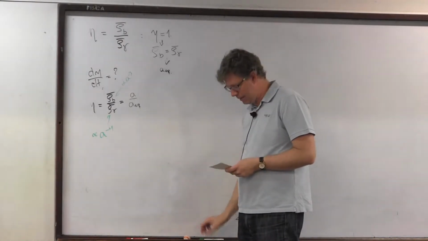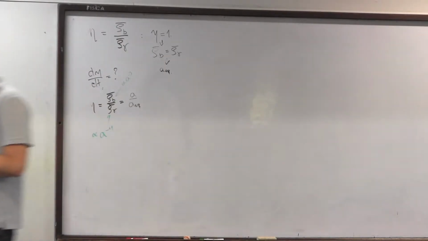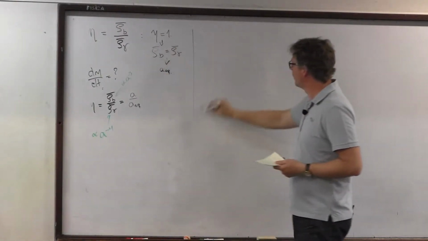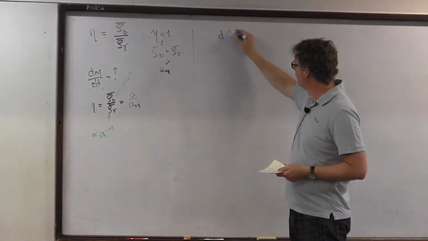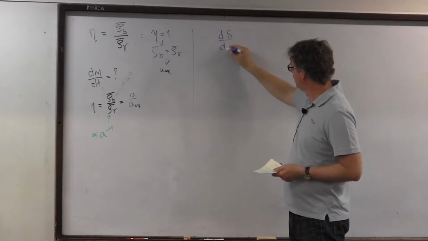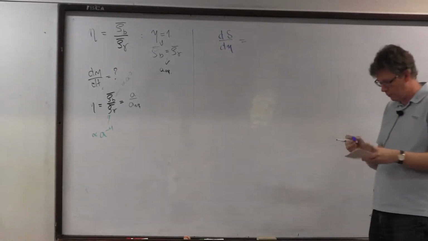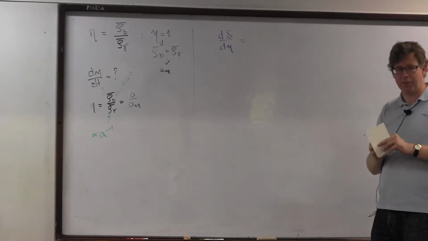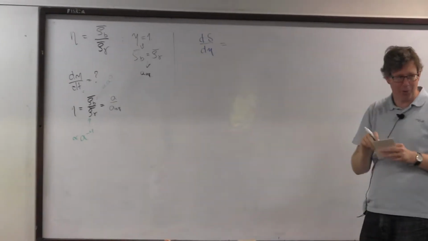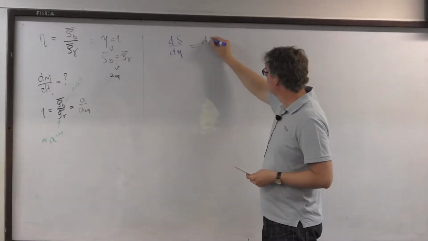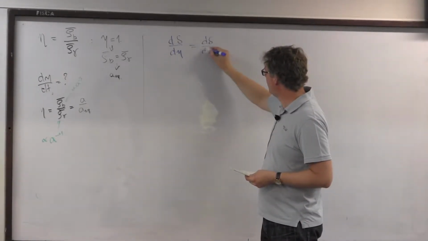So let me do that, because it's useful, again, as a trick. So you do d delta d eta, which is a terrible Greek letter because it only looks like a squiggle on the screen. And so that's d delta d eta.